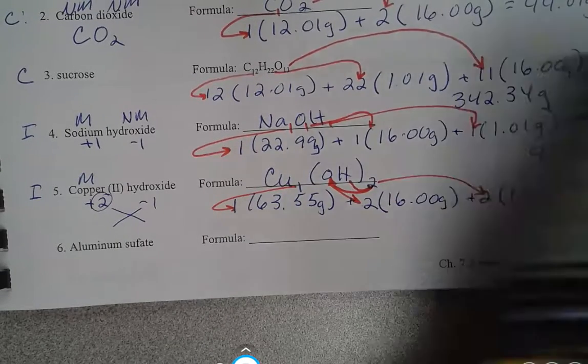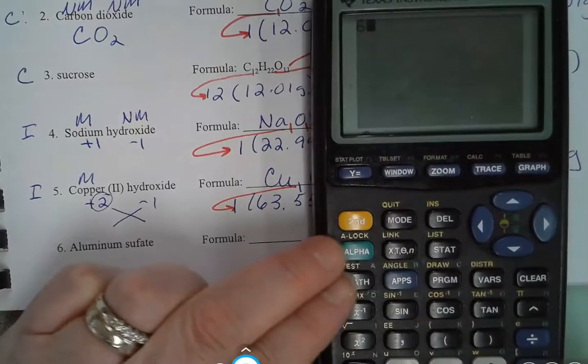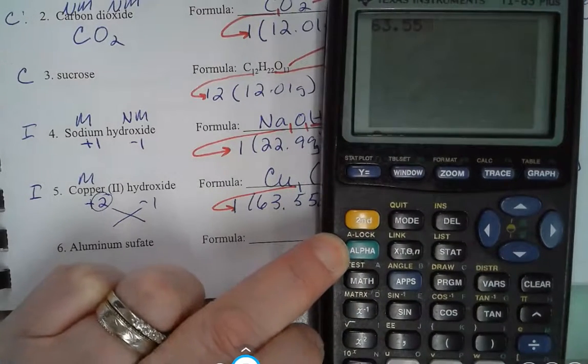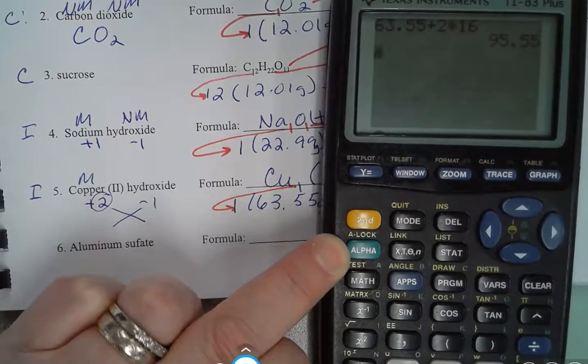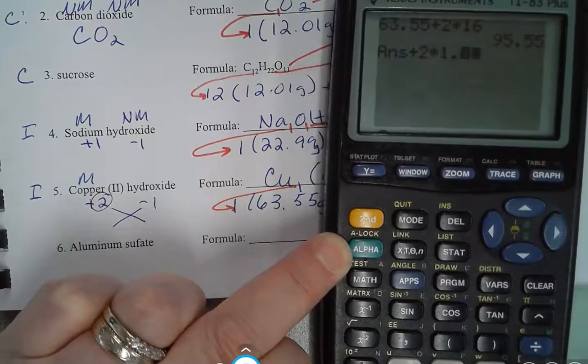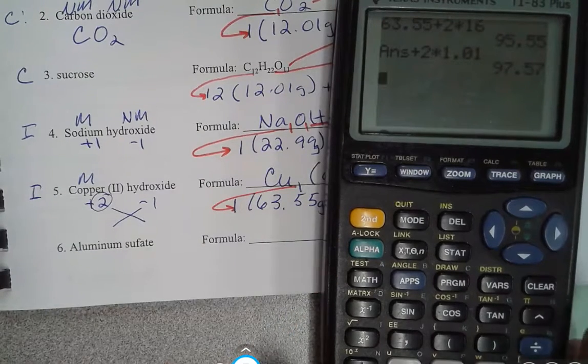Okay, so let me get out my calculator. Here it is. I'm going to clear this off. So now I have 63.55 plus 2 times 16 plus 2 times 1.01. All right, I got 97.57.